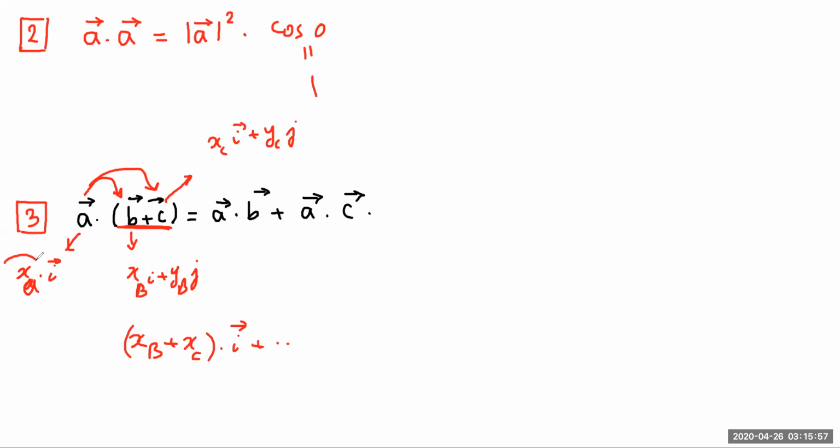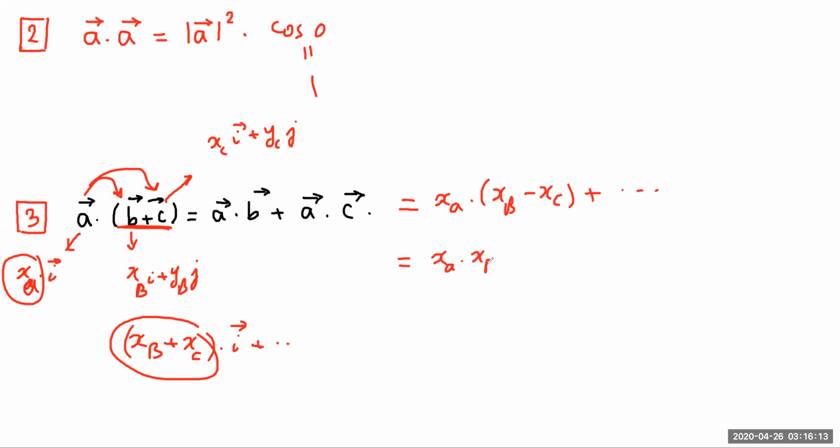I will take the number xa times this number, so it will be xa times (xb plus xc) plus etc. If I continue, it will be xa times xb plus xa times xc plus etc. So like this, I can prove that I will always have xa times xb here, and xa times xc here.